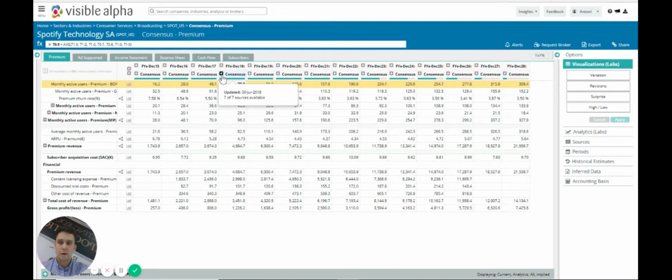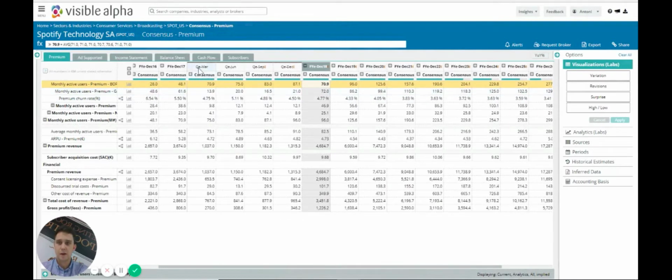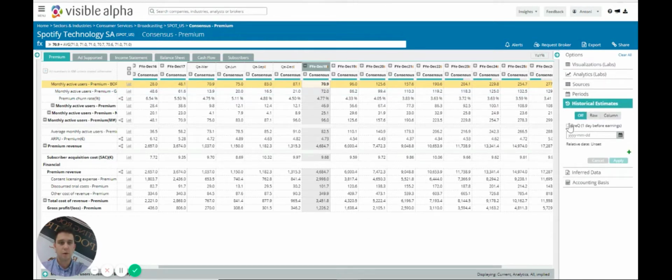Right here, we have our figures or estimates for 2018, for the quarter ending March, updated by analysts relative to what happened in the earnings call. Now let's have a look at what they thought a day before earnings and apply this historical estimates.